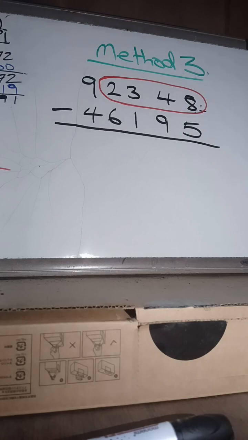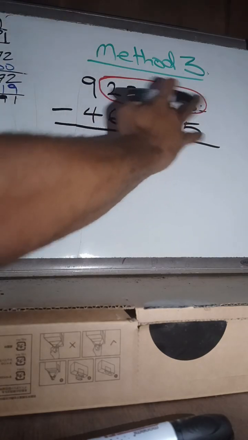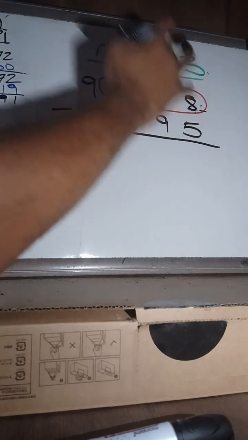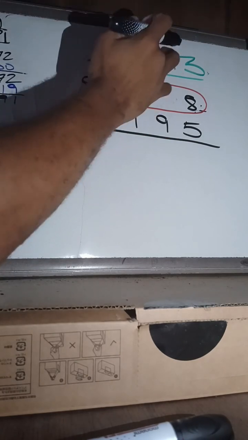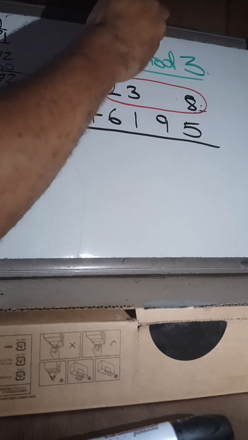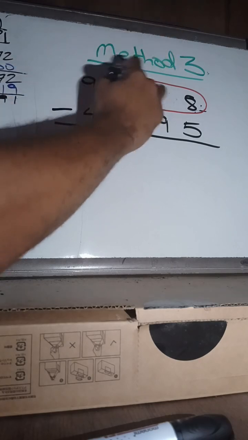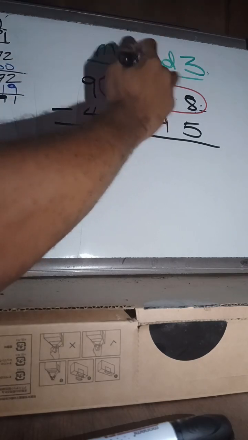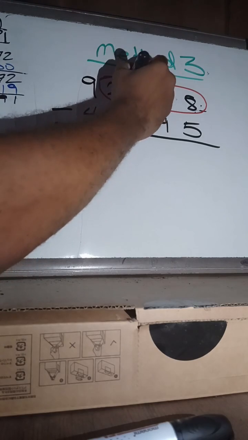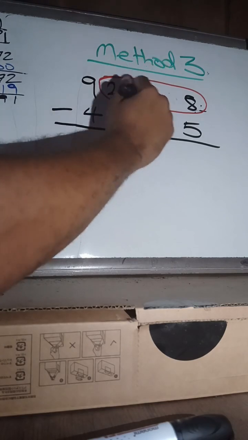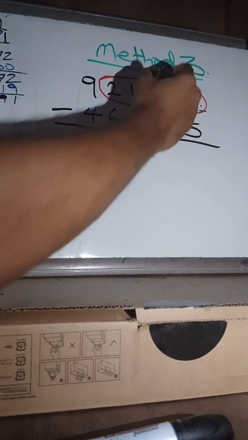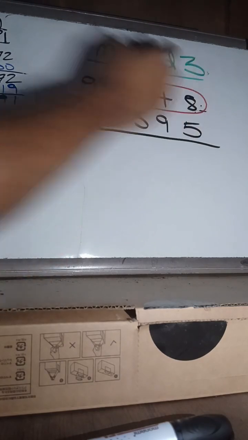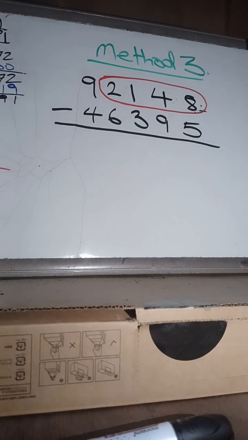Okay, tell you what. 3 bigger than 1. Yeah, no. Let me do it the other way around then. So let the 1 go here, and let the 3 go here. Yeah, I'm going to do it like that.